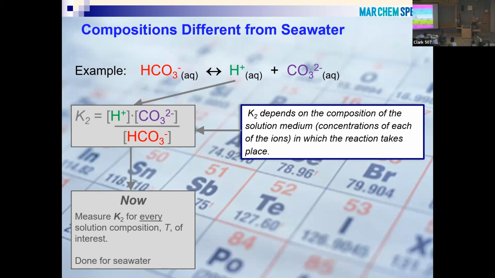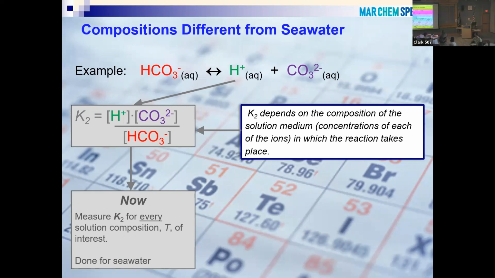So what we've done in the past is to measure that K2 or other equilibrium constant for every solution composition, i.e. salinity of seawater, and temperature of interest, fit the data set with an equation, and that's what we use, and that's been done for seawater.